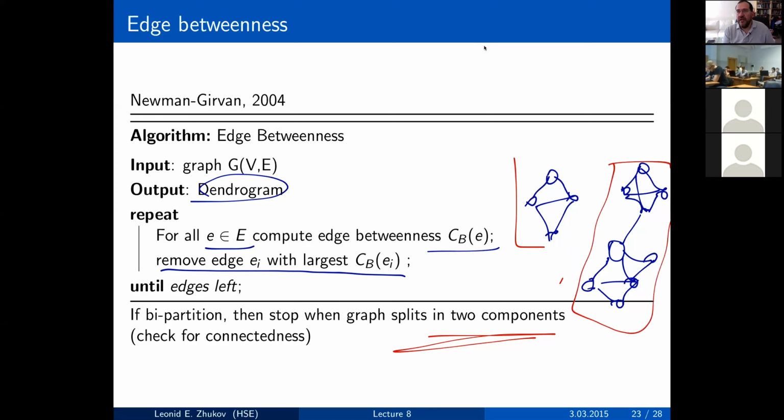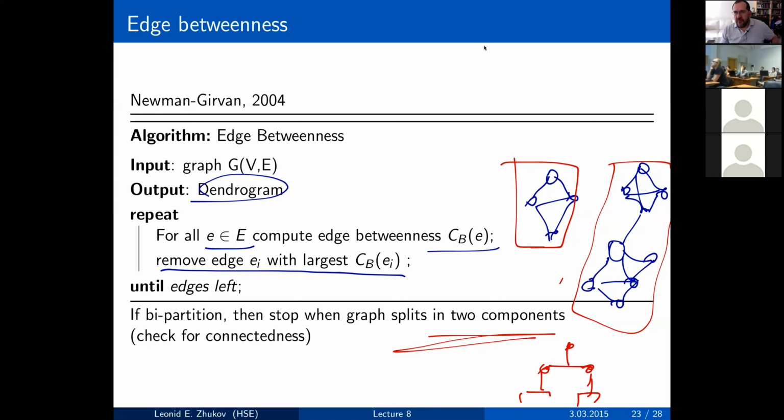And then you can work in a classical hierarchical manner: now you have two components, and you just take this algorithm and apply it to each of the components separately. Okay? So that will help you to build a dendrogram, a tree, because you'll start with one big component, then it splits in two, and so on.